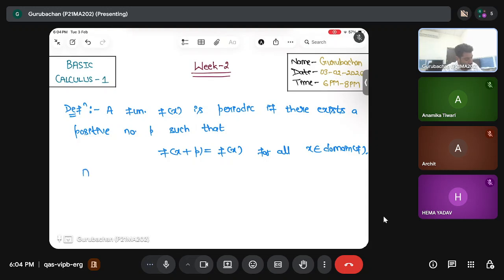And the smallest p is known as the period of f.